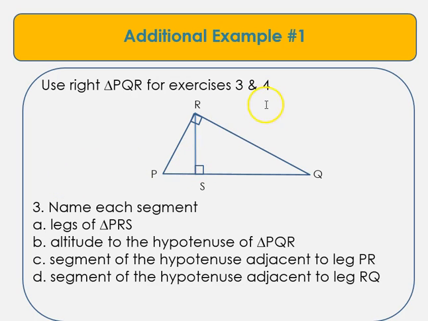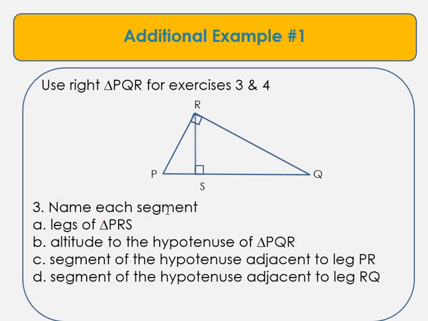Here's an additional example, just as some review and also to help you solidify visually what you're working on. We use the right triangle PQR for exercises 3 and 4. So you can see that an altitude is dropped here, and we have now 3 different triangles. It says name each segment.